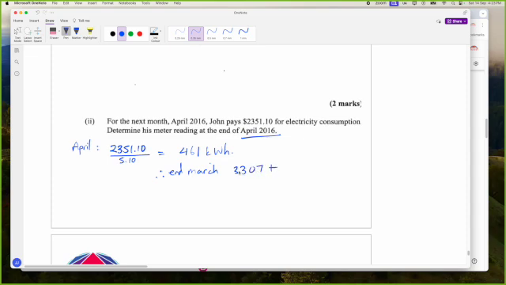And then during the month from the end of March to April, he used 461 kilowatt hours. So at the end of April, the meter would be at 3768.